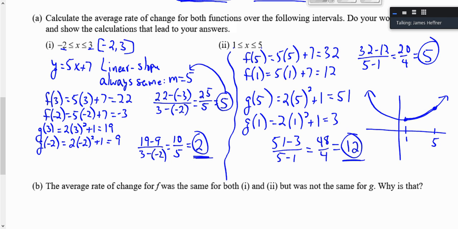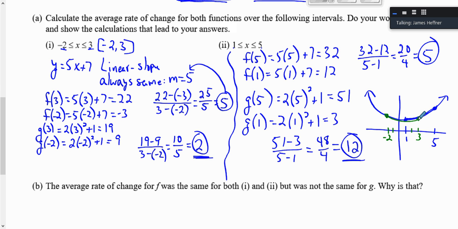So if we were at -2, call that 3. The other rate of change went from here, right, to about here. Okay, so you see that the average rate of change for that quadratic in those different intervals will be different, but it'll always be the same for the linear, okay?